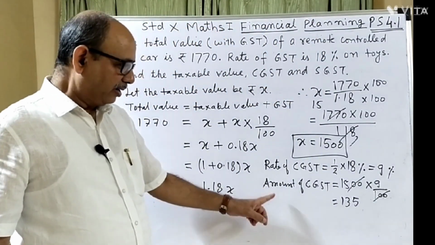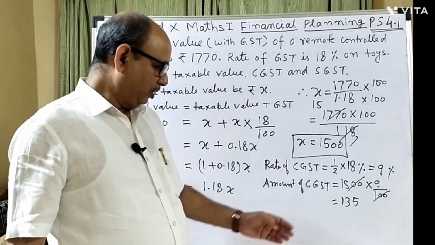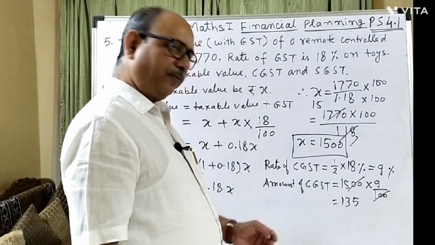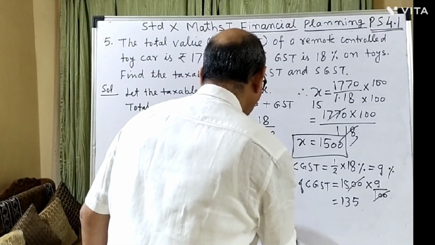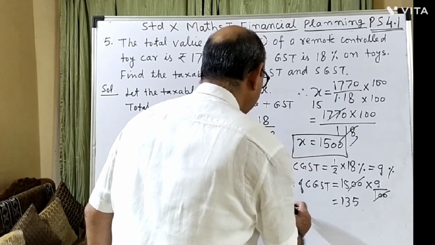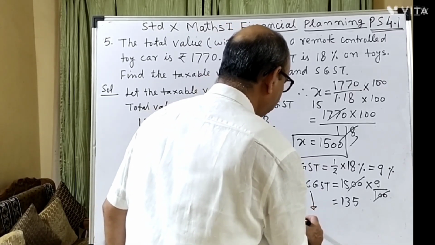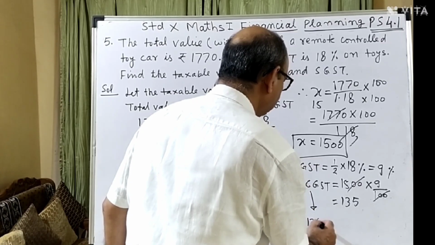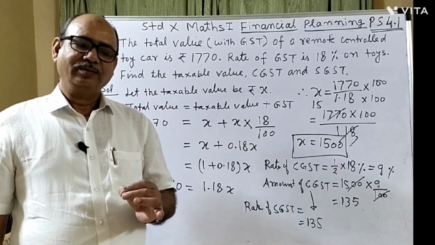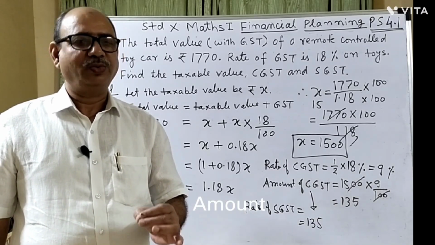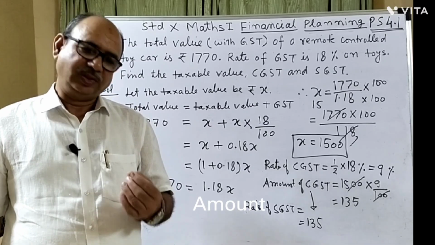And rate of SGST, I am not writing it here, there is not enough space. SGST is equal to the CGST, which will be equal to rupees 135. Always remember, rate of the SGST is equal to rate of the CGST, which is equal to half of the rate of GST.